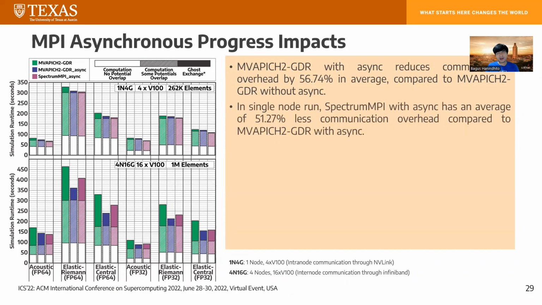In single node runs, Spectrum MPI with asynchronous progress enabled has an average of 51.27% less communication overhead compared to MVAPICH-GDR with asynchronous progress enabled.